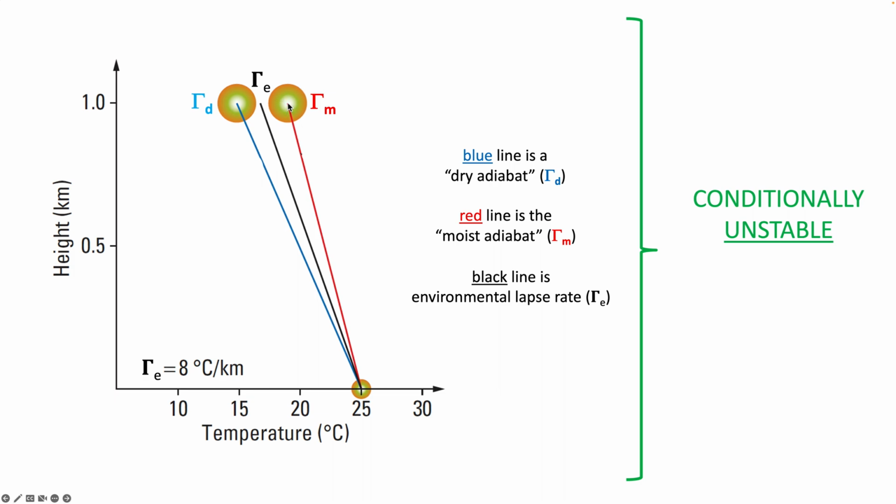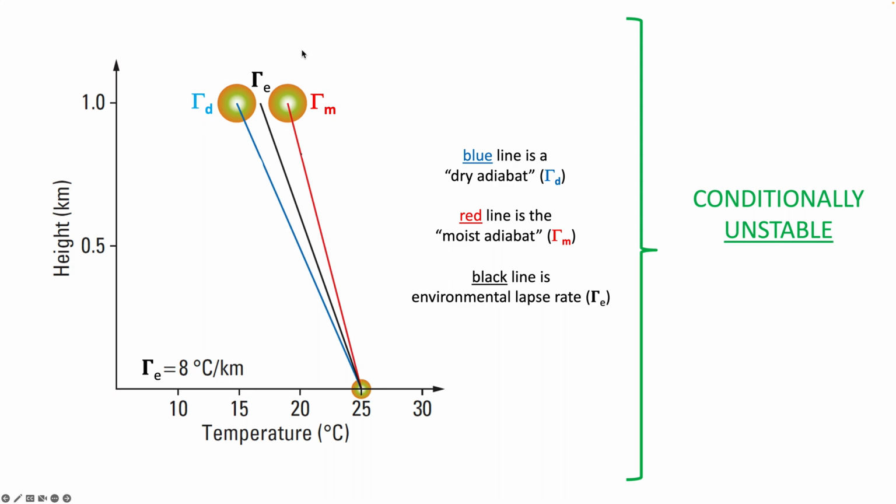So if we compare the air inside the moist parcel at 1 kilometer, which has a temperature of 19 degrees, with the surrounding environment, which has a temperature of 17 degrees, what we see is that the moist air is warmer than the environment air. So the air inside the moist parcel is not just warmer, it's more buoyant, and the moist air is going to accelerate up on its own.